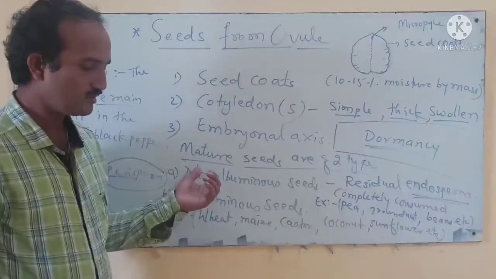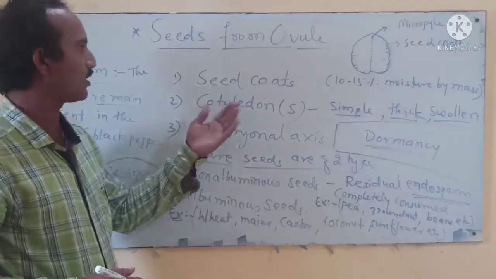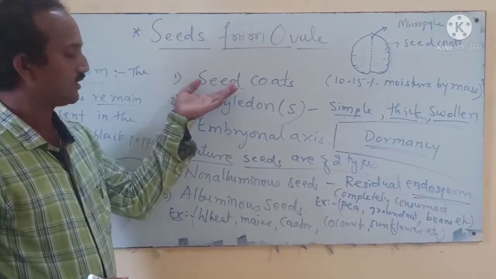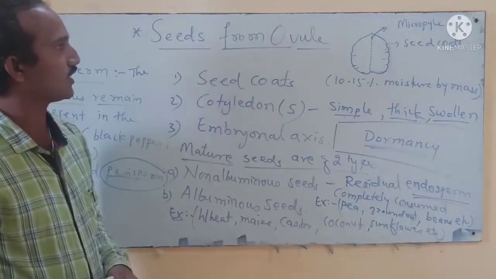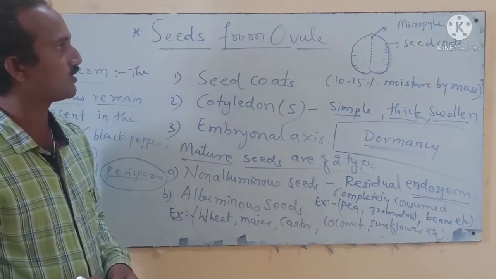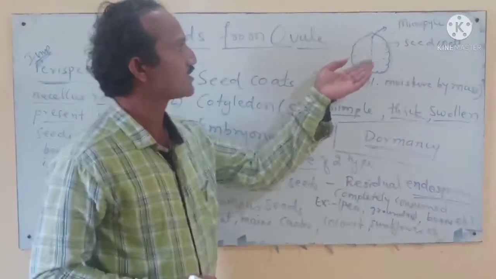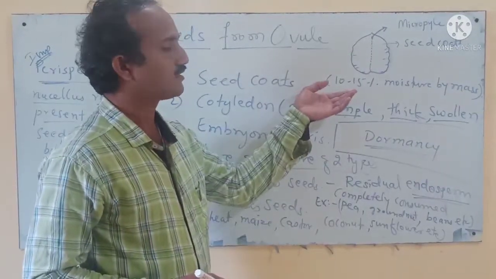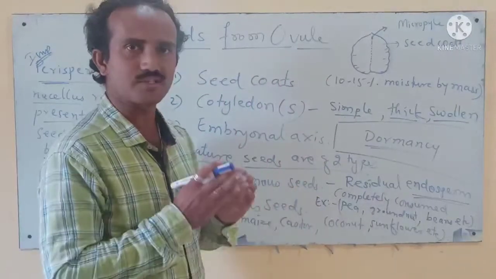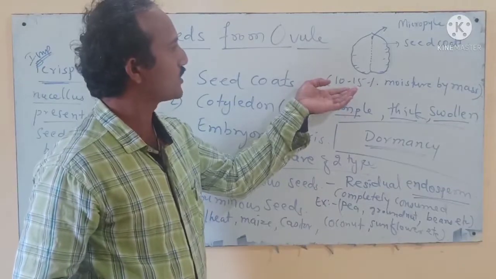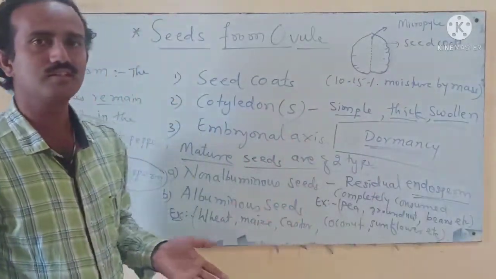Then the integuments develop into the seed coats. When the seeds are mature, the water content within the seed is reduced, by about 10 to 15% moisture by mass, and the seed becomes dry.